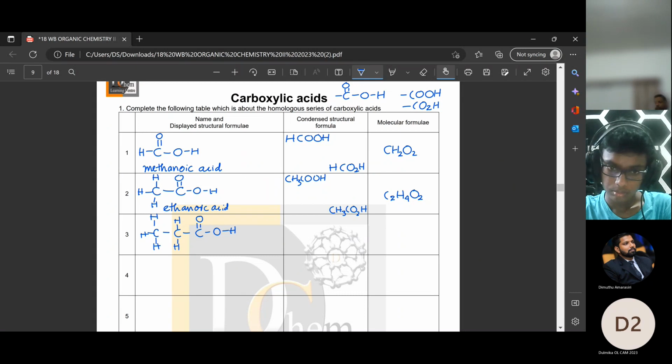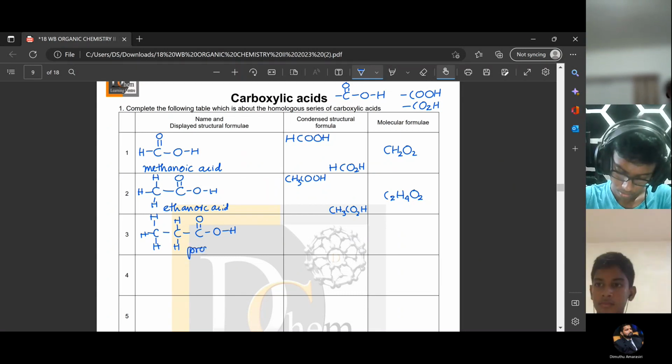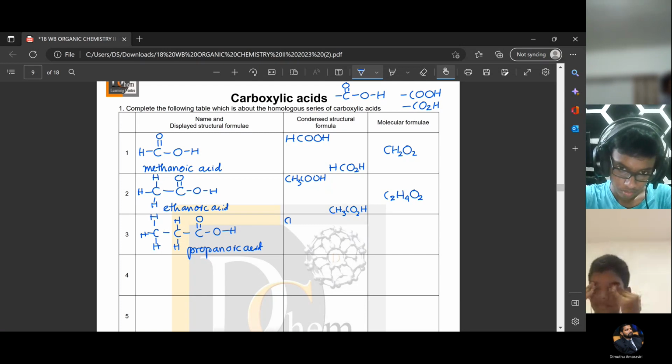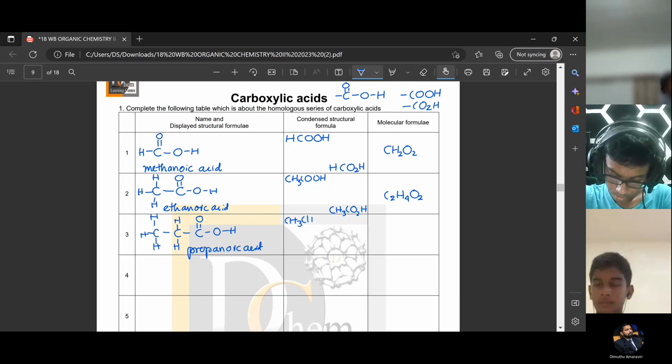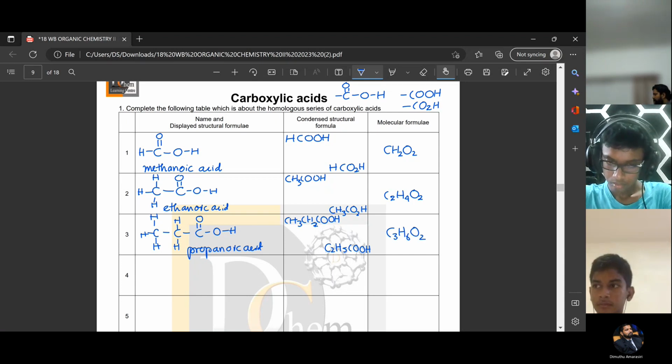You call this prop, and again, propanoic acid. Then it's CH3, CH2, C double bond OH, and then C2H5COOH. And further, you write C3H6O2. Done? Okay. Quickly copy this down.